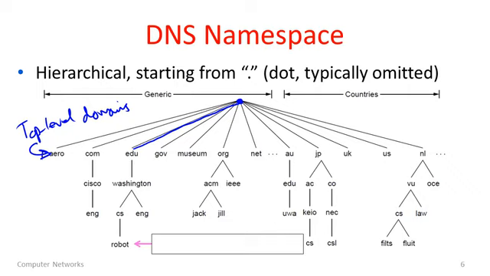And after edu, again, since it's a tree, from these top level domains we divide and have other names there. Under edu here I've just shown one particular name, washington.edu, the University of Washington. But there'll be many other branches of .edu, one for MIT, one for Berkeley, Stanford, and so forth, all of the other universities. And we can continue this for as many different layers as we'd like.